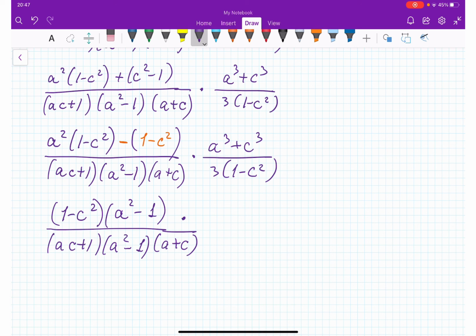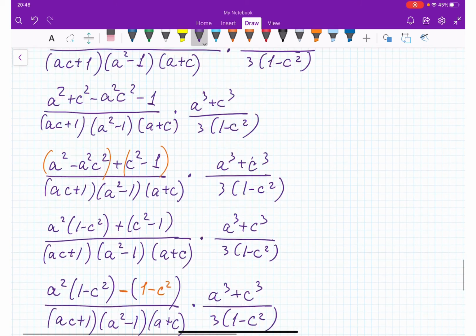Now I'm going to open this parenthesis, a cubed plus c cubed, because I have a plus c at the bottom, so I will need to open it. So a cubed plus c cubed is going to be a plus c, a squared minus ac, and plus c squared.